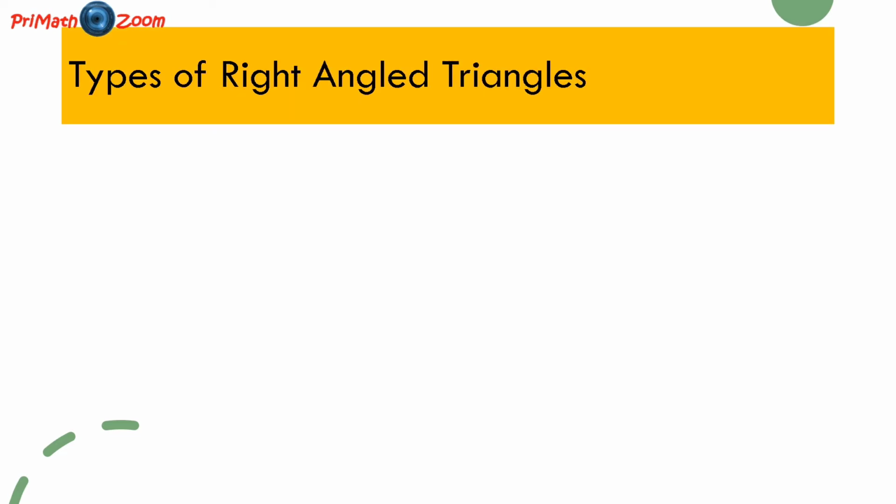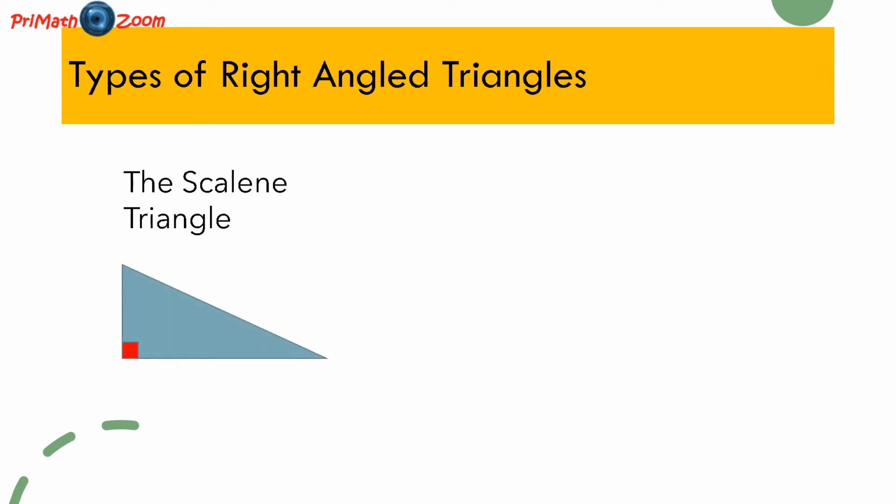There are 2 types of right-angled triangles. We have the scalene triangle, and we know a scalene triangle has 3 sides with 3 different lengths. Even though we have that, we still have an angle measuring 90 degrees.